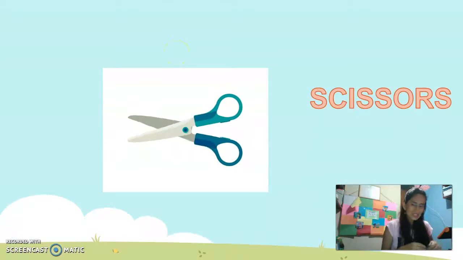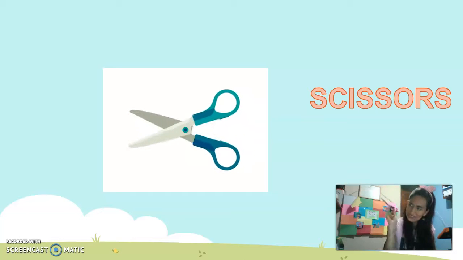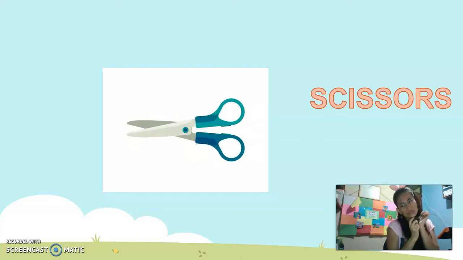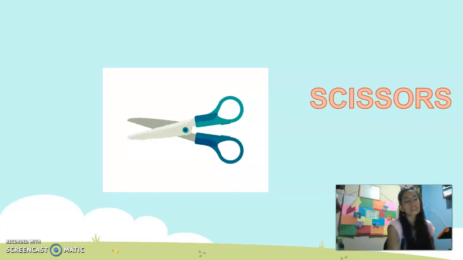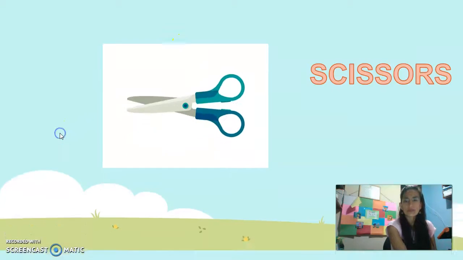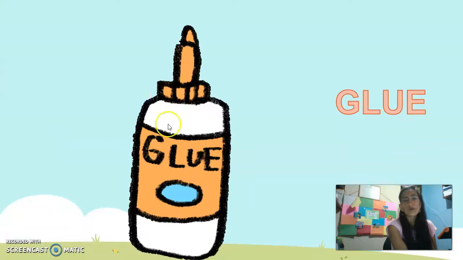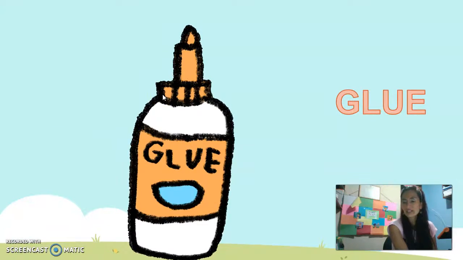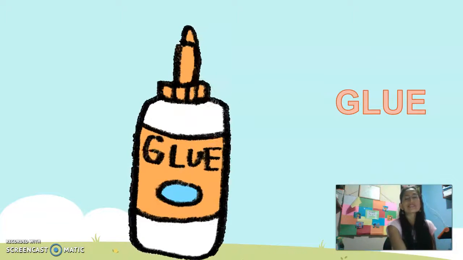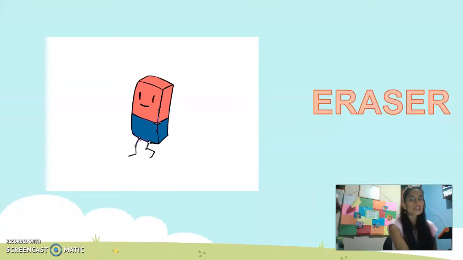Scissors, what are those? Those are my scissors. Glue. What is that? That is a glue. This is my glue. Eraser. What is that? That is an eraser. This is my eraser.